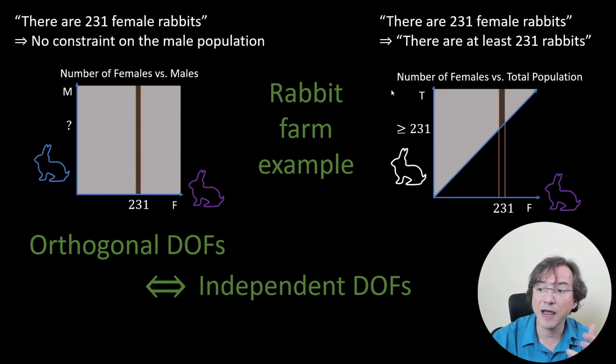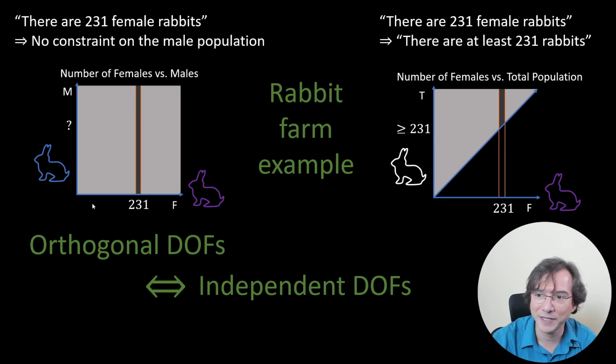And now these variables are no longer independent. If I say that there are 231 female rabbits, then of course there must be at least 231 total rabbits. So this region is excluded. We can't have a total number of rabbits that is less than the number of females. And so these two variables are not independent, and these variables are independent.